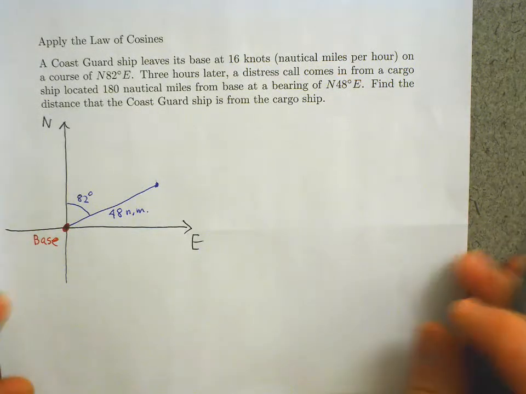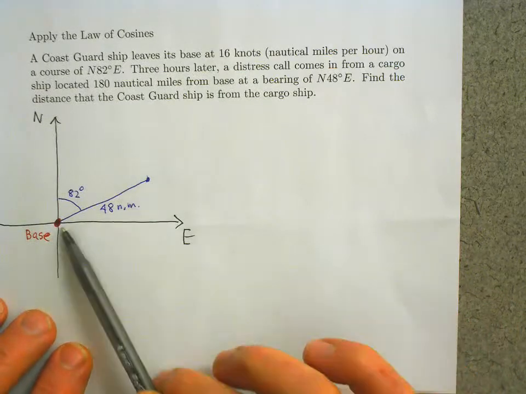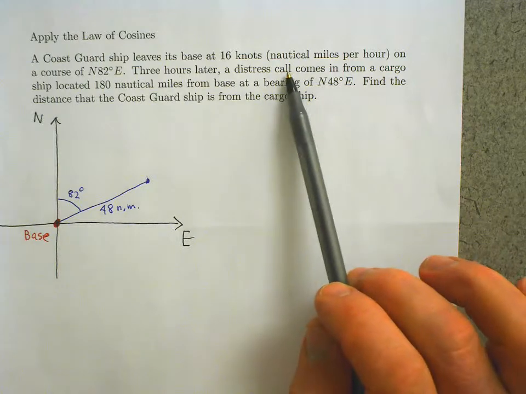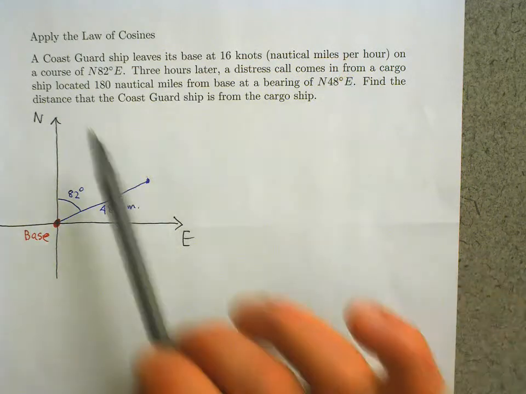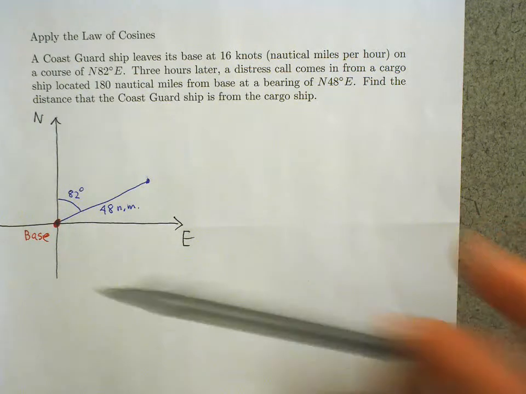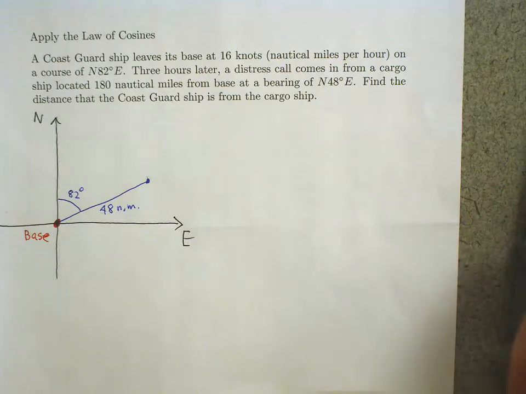Okay, then at that instant, 3 hours after the Coast Guard ship left, a distress call comes in from a cargo ship that is 180 nautical miles from the base at a bearing of north 48 degrees east.